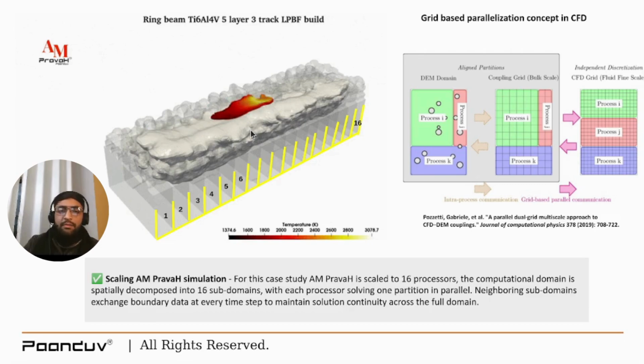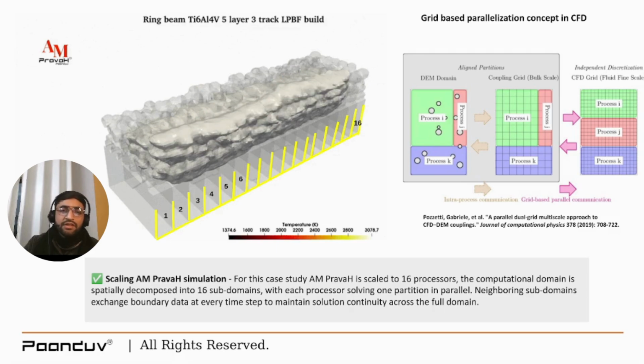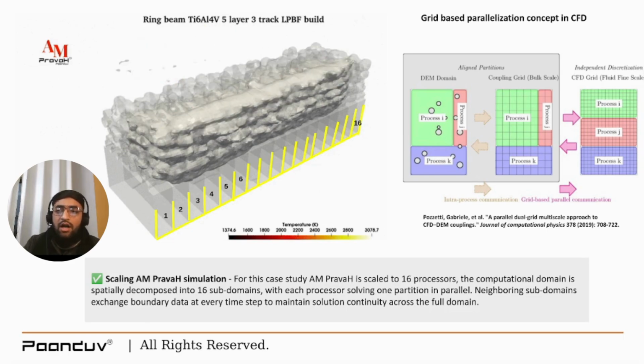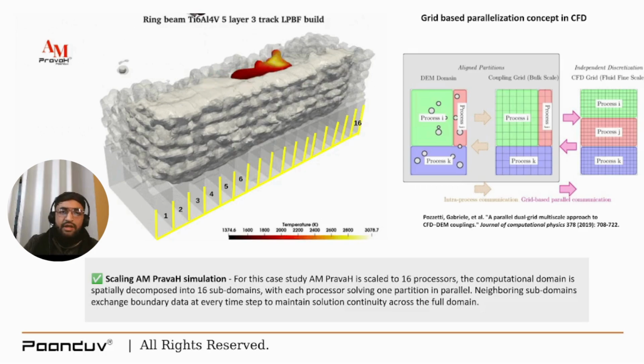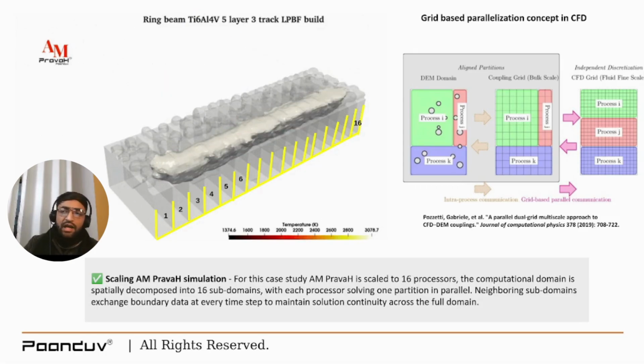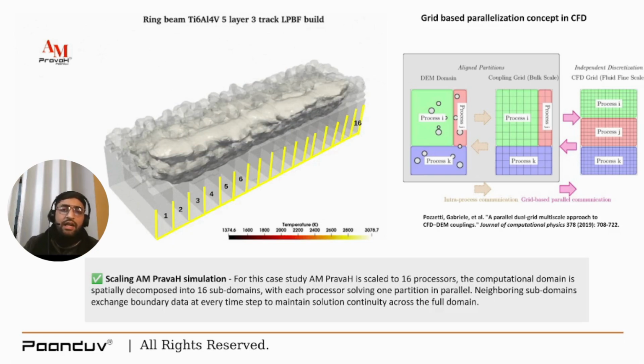AM PravaH enables scalable additive manufacturing simulation through efficient domain decomposition, and this happens by dividing your large volumes into parallel subdomains for high performance computing. This allows accurate as well as full scale modeling of your thermal history, melt pool dynamics, and your layer wise heat accumulation, making production scale LPBF simulations computationally feasible.